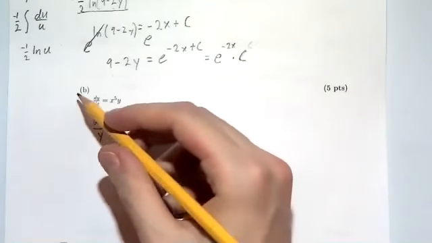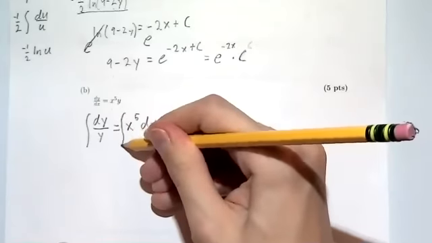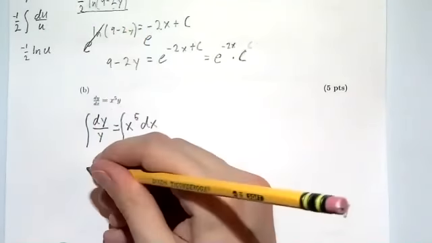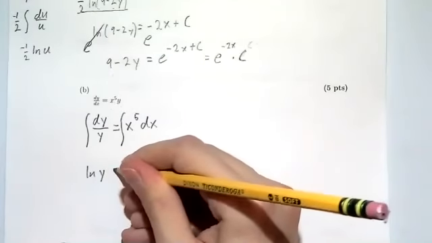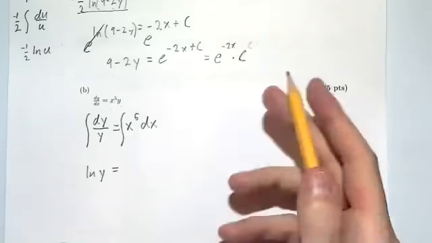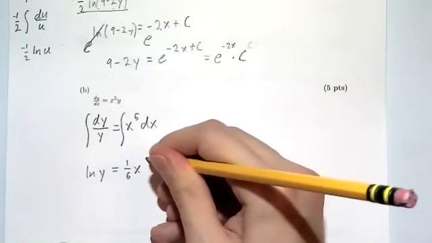So from here, you then integrate. This one's quite straightforward. We did it up here. It's just natural log of y. And then the integral here is going to be 1/6 x to the sixth.